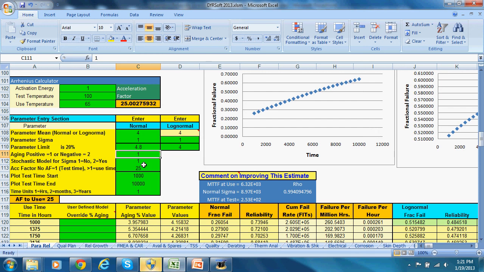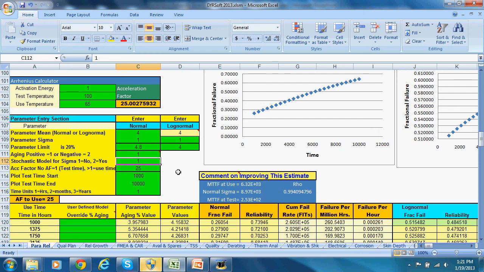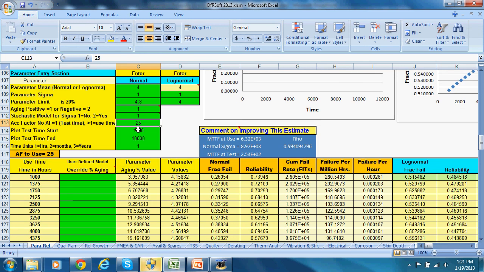The next thing you need to do is tell it whether you want to put a stochastic model for sigma. Sometimes sigma broadens over temperature, and DFRSoft has a little model for that. It's not a big effect, so don't worry about that. If you don't want to model sigma that way, just put a 1 there. Then you enter your acceleration factor. The next thing is the time of interest.